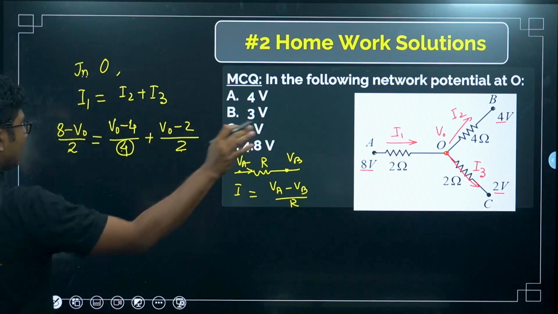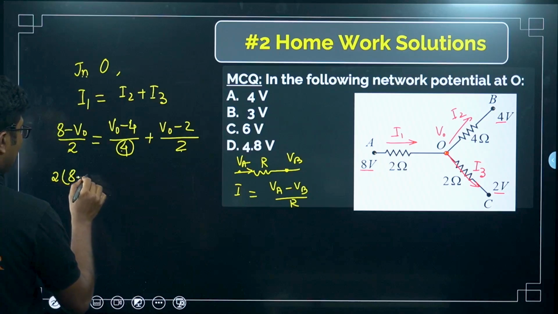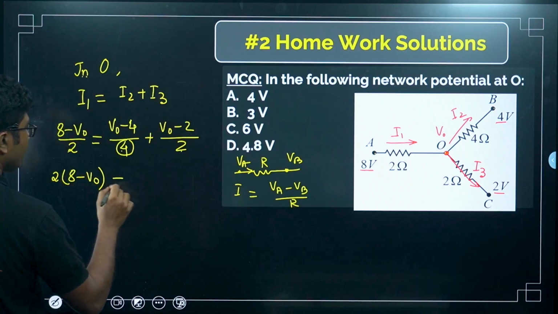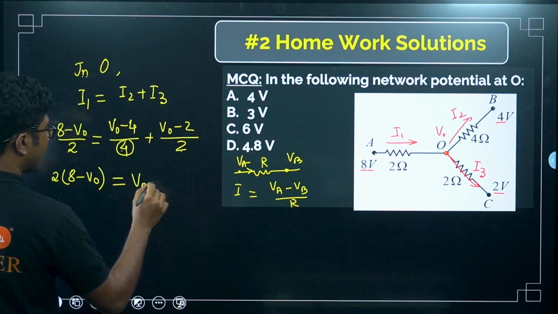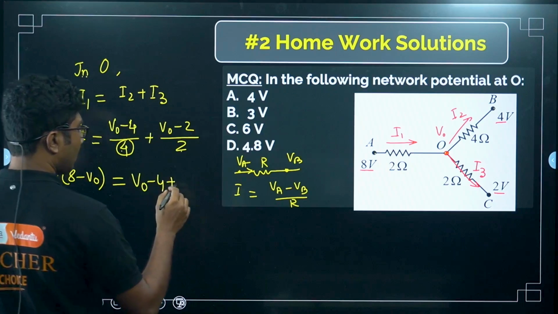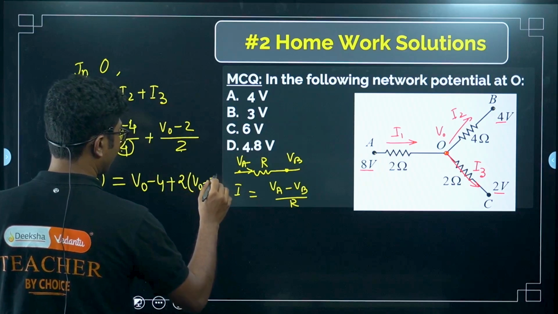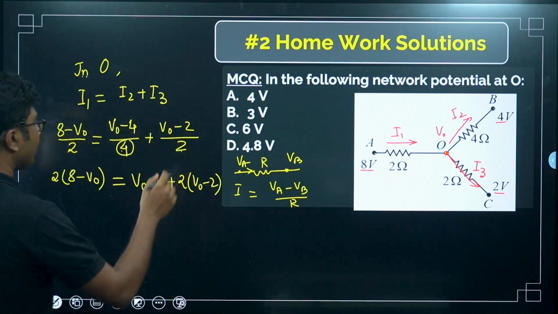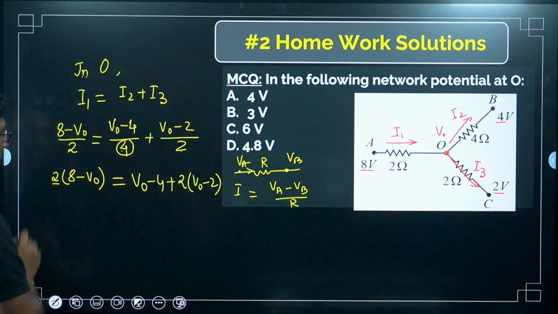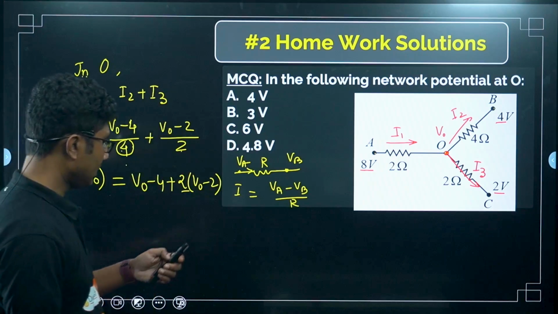So if we multiply everything with 4, we will get 2 times 8 minus VO equals to VO minus 4 plus 2 times VO minus 2. Because we are multiplying with 4, there will be a 2 extra, but this is only VO minus 4.